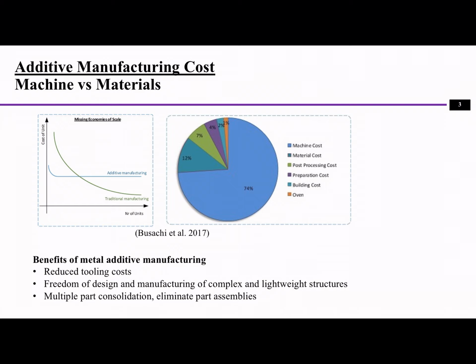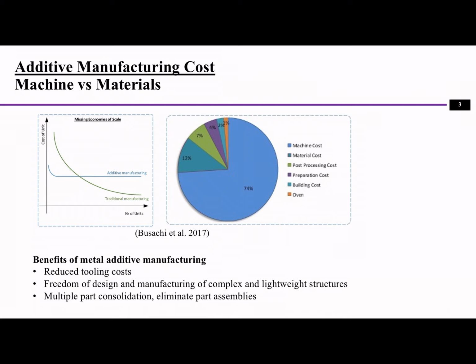But there are also some benefits from additive manufacturing of various materials. For example, especially in metal additive manufacturing, it reduces the tooling cost, because in traditional manufacturing we have to make all these tools, including fixtures and other tools that are required in the processing.